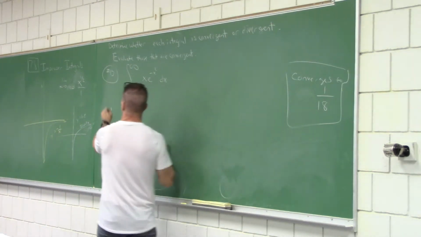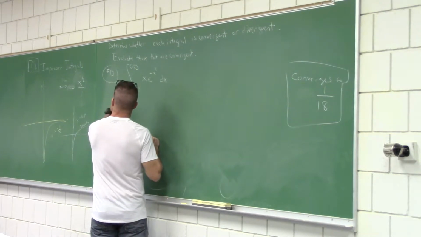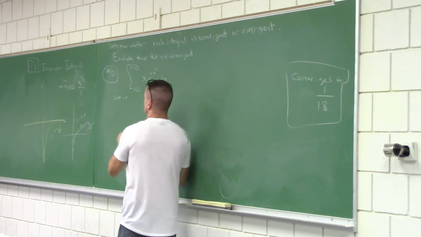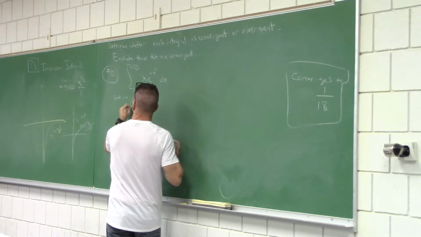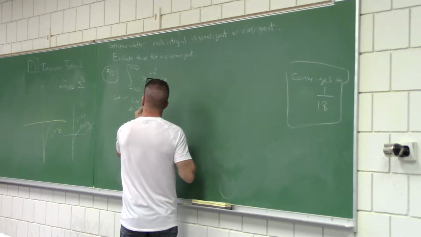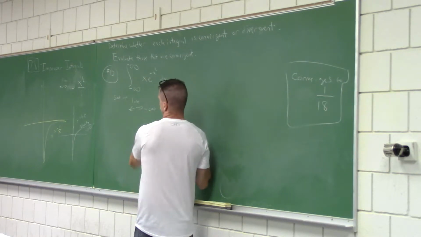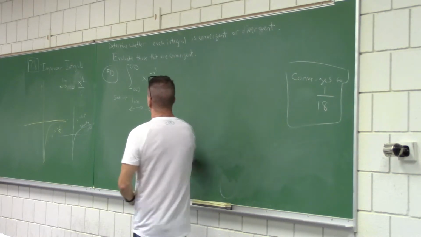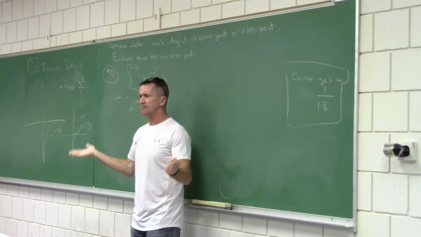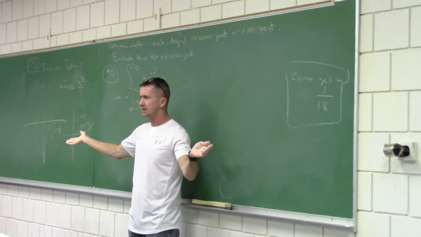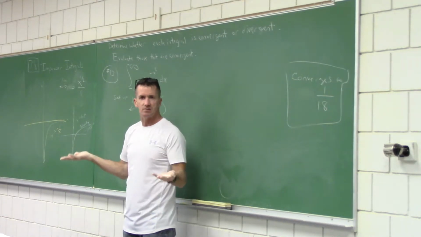So what you have to do is, the setup, you've got to do 2 portions separately, and then you sum them. So I'm going to do this. Then as t approaches, I'll start with this one, negative infinity, and I'm going to slice this in the middle. What's halfway between negative infinity and infinity? 0. I could have sliced it at 1, but I'm going to use 0. It's very simple.